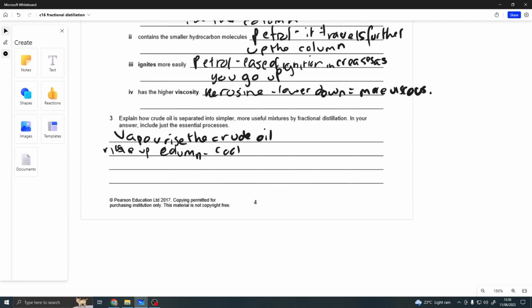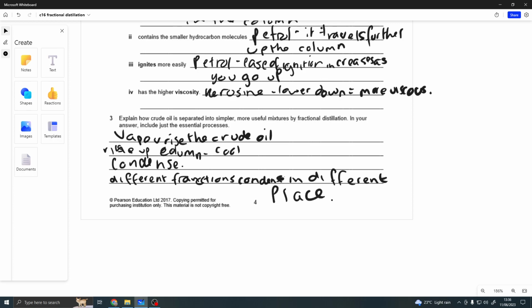They will eventually condense. Different fractions condense in different places. Okay, that's the answer to that.